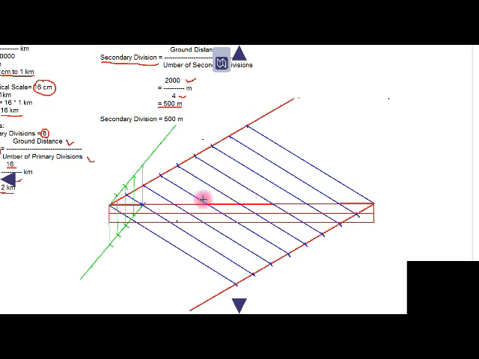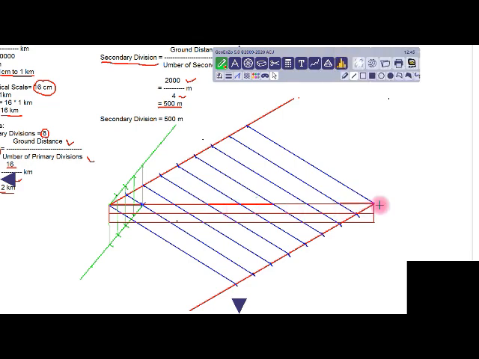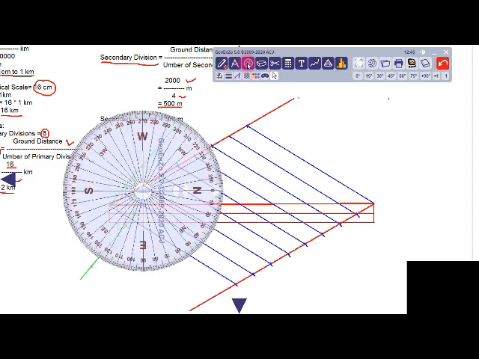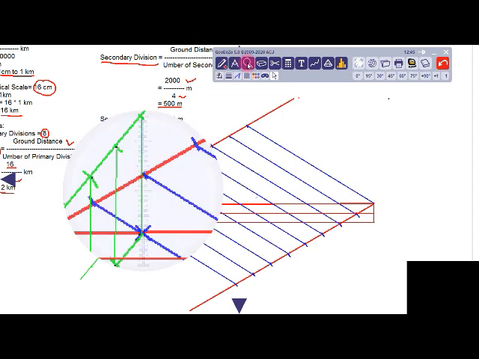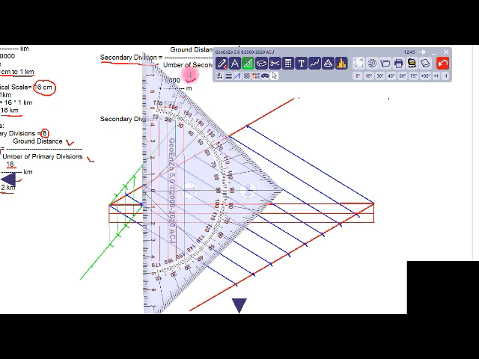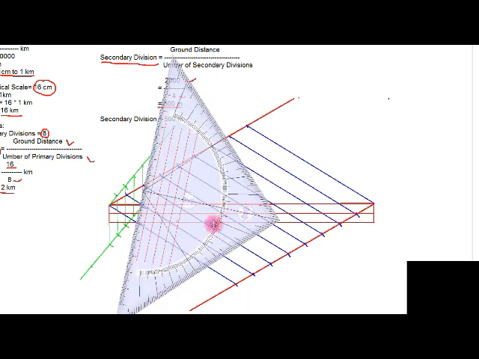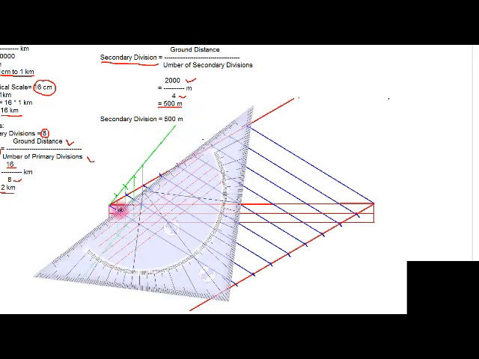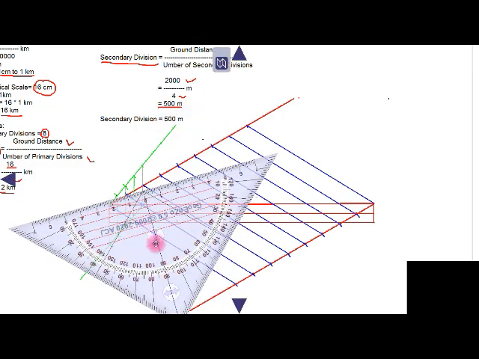Once you have done this, you take a paper strip, and you have to mark all these points on the paper. Otherwise you can take this instrument. I will show you this. Yes, this instrument. Using this instrument also, one can draw the vertical lines.